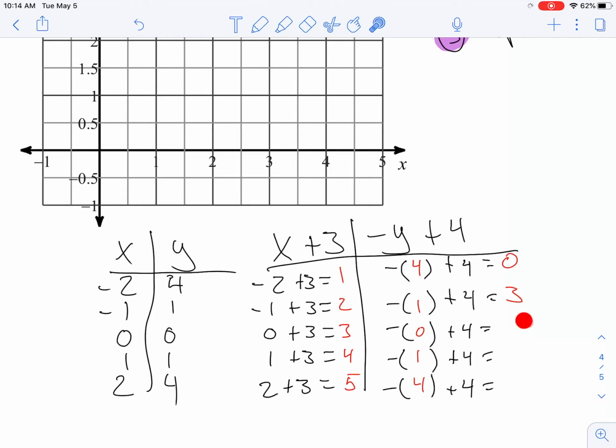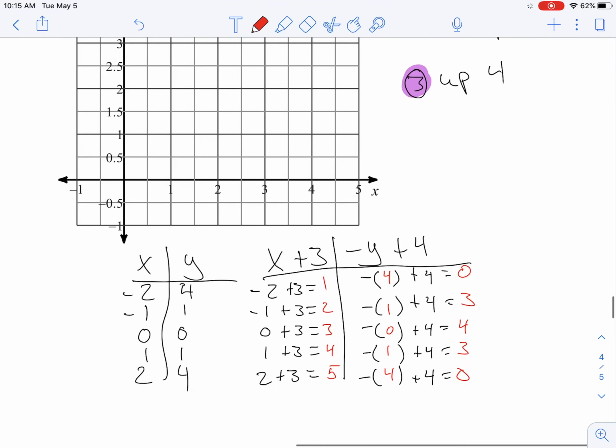Zero plus 4 is 4. And then we have, if you've noticed, these mirror, the same way that they mirrored when we were doing tables for the other one. So opposite of 1 is -1 plus 4, 3, and we have 0 down here.